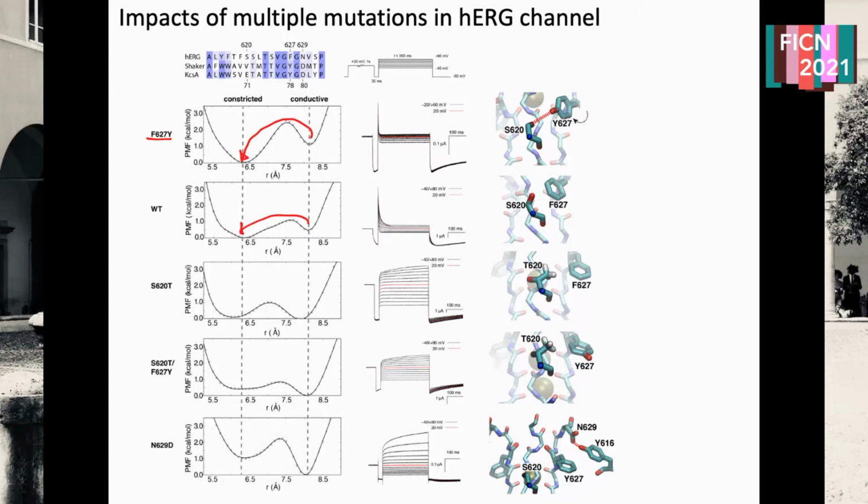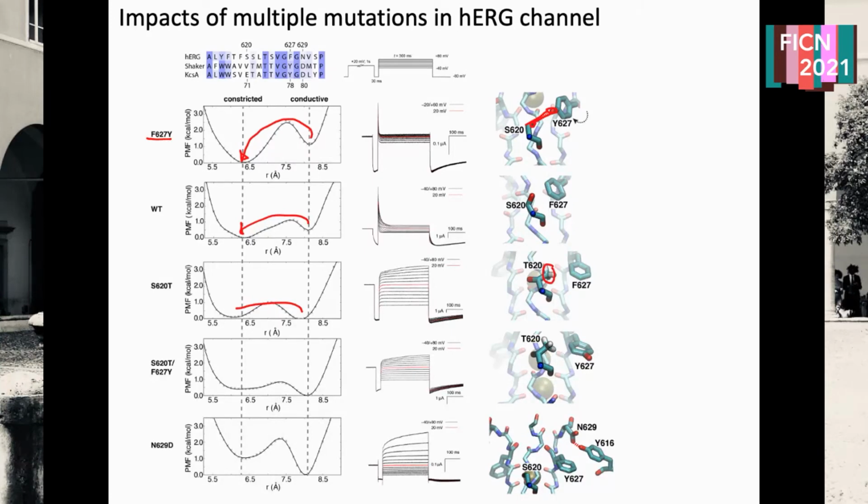That's because there is a hydrogen bond between this tyrosine and serine 620. When you change the phenylalanine into a tyrosine, you have a new hydrogen bond that stabilizes the constricted conformation. If you put the threonine there, you actually stabilize the conductive state, because instead of a serine you have a methyl group in the way.